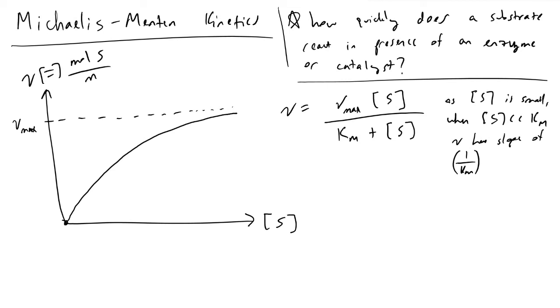It's a constant slope. What that means is we're seeing a line in this initial regime of our Michaelis Menten plot.